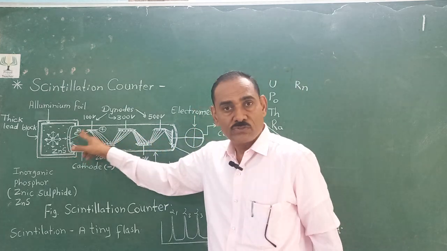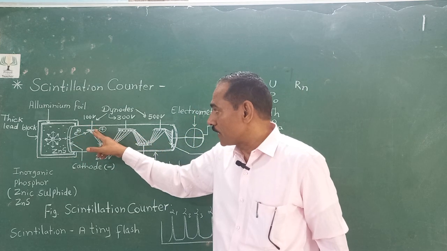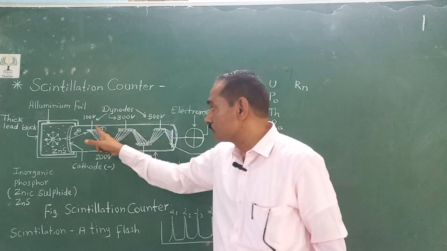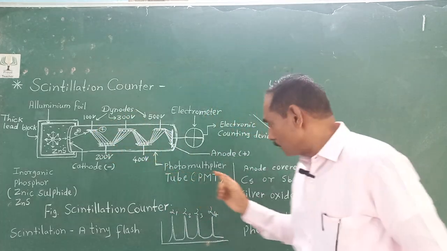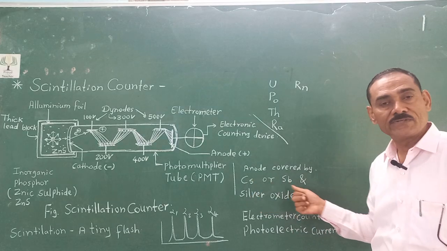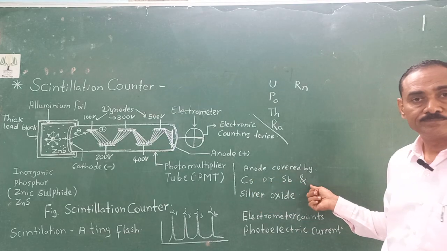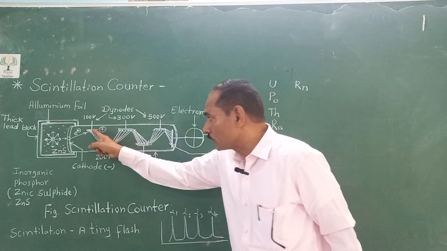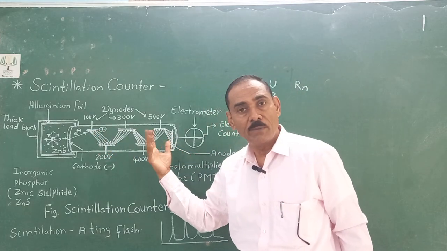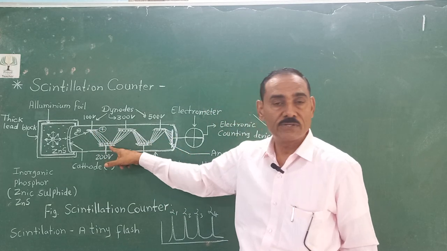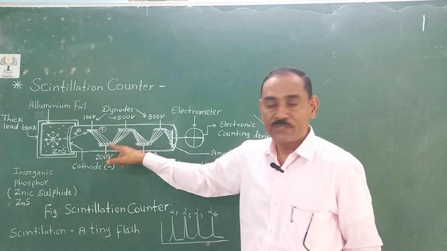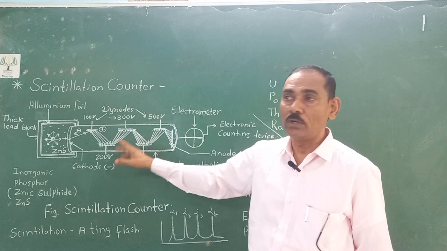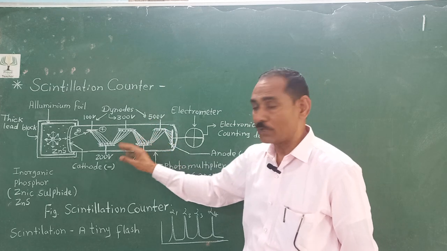The first electron which falls on the first diode emits 10 electrons from the surface of that diode, means from these two metals, cesium and antimony or silver oxide, 10 electrons are coming out, which fall on the surface of the second diode, which has 200 volt potential applied.